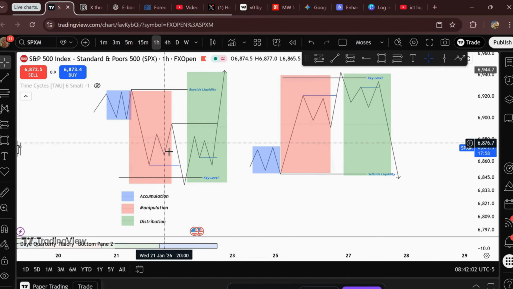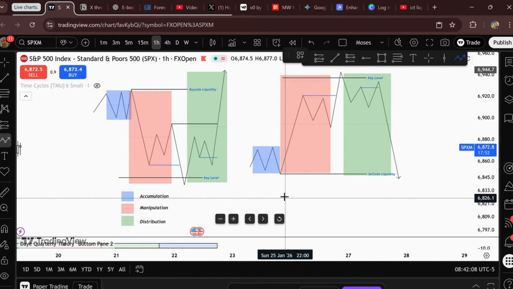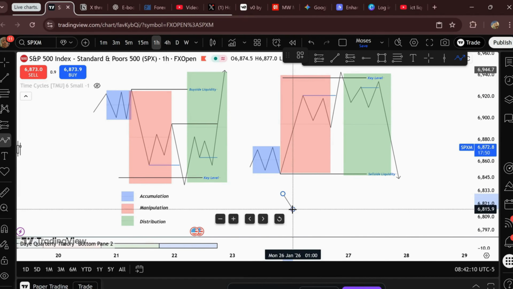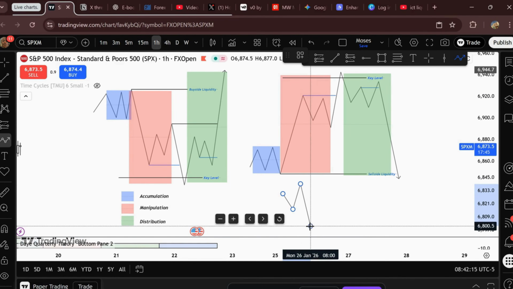But you see, you can't understand this if you don't understand market ranges. So what is a range? A range is basically when price sweeps. Okay, so let me do this.